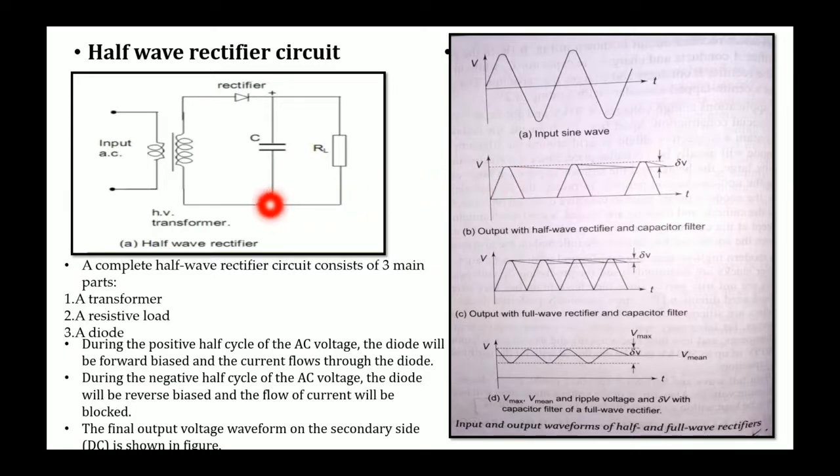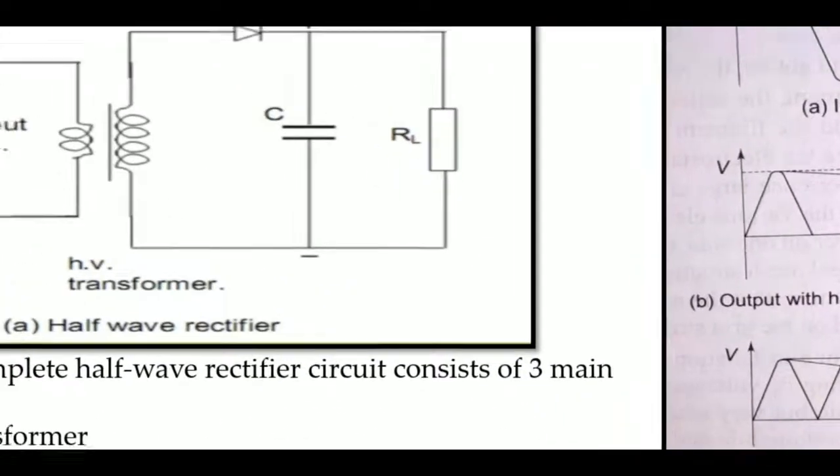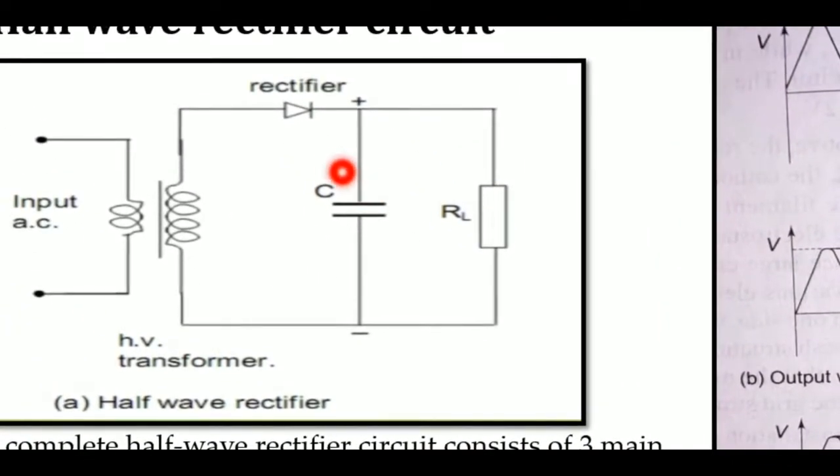Getting my point? So now see here, the value of the capacitor we have chosen is such that the time constant, which is nothing but the product of C and RL, the capacitance and the resistive load, is at least 10 times the period of the AC supply.